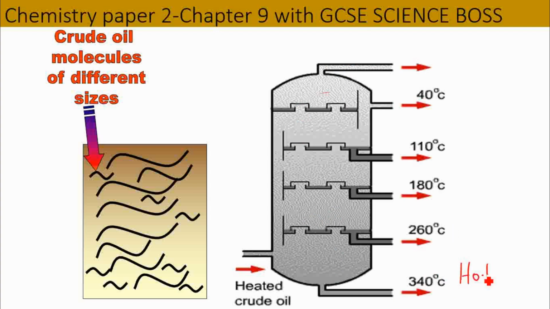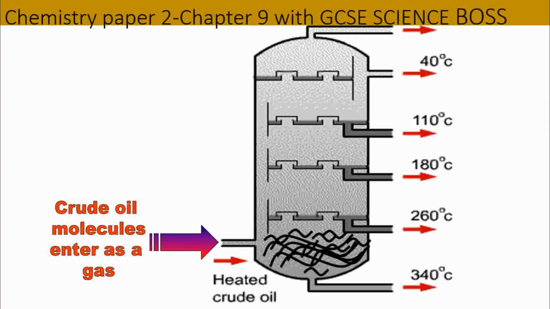So it is hot at the bottom and it is cooler at the top, okay? So what happens then? Your crude oil is heated. So you're changing the oil into a gas. It's heated to roughly about 350 degrees Celsius. It's heated to a very high temperature. Now your oil is going to be changed into a gas.